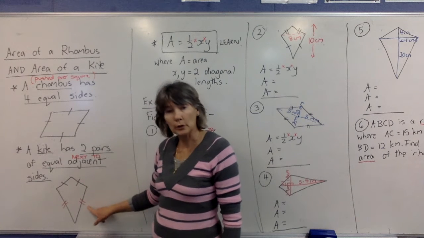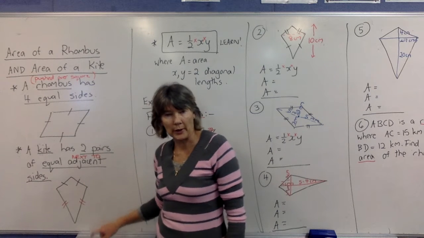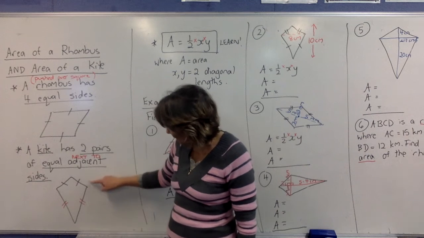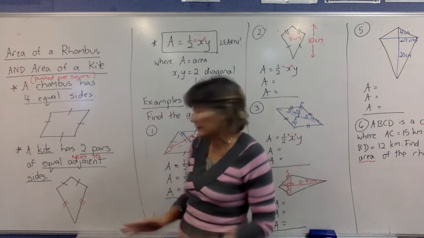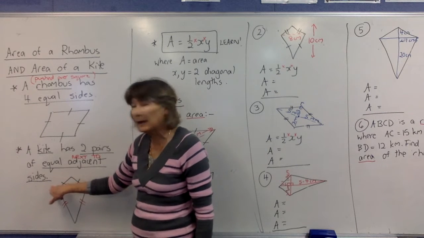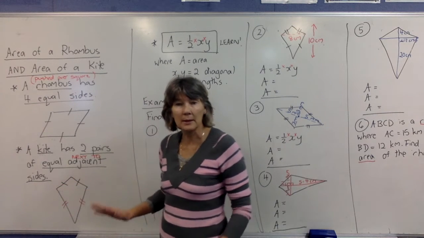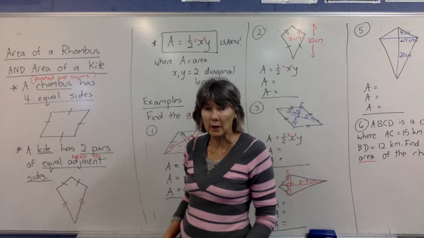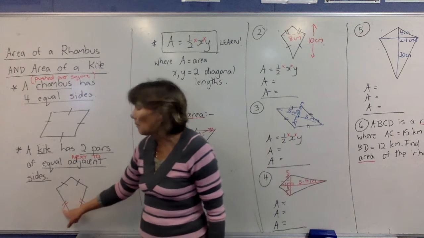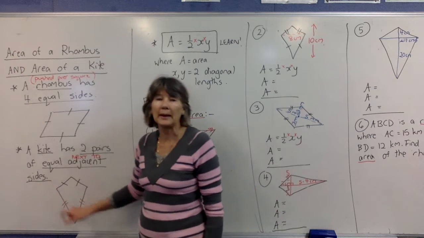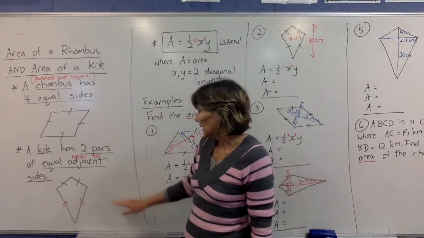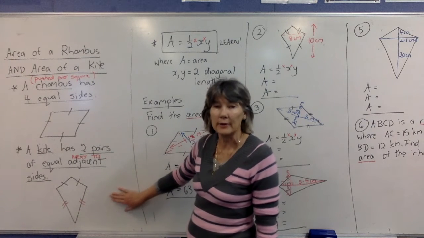And these two are also next to each other. I know you might be saying, well, so are these, but we're only looking at 2 pairs of sides that are adjacent. So once we've got one pair marked with equal markings, that's one pair of adjacent sides equal. And here, marked with another set of equal markings, is your second pair of adjacent sides equal. So it just looks like a kite in the sky.